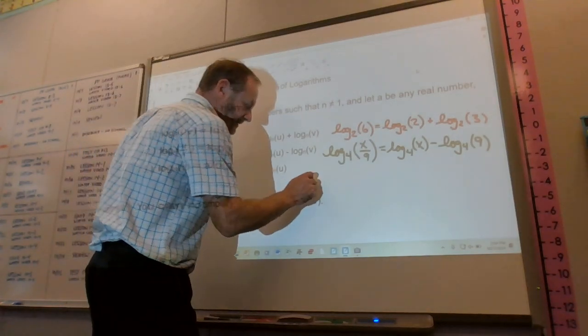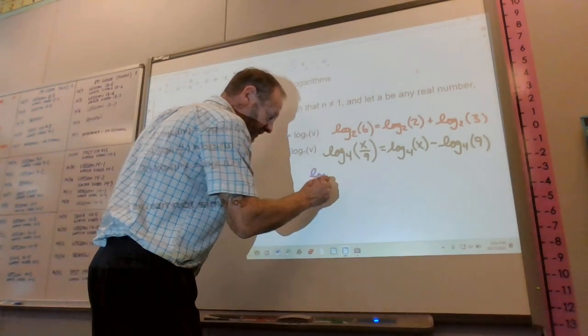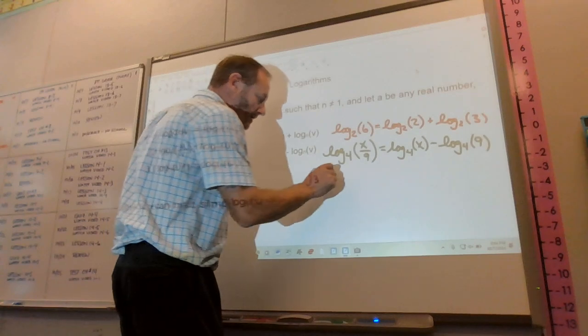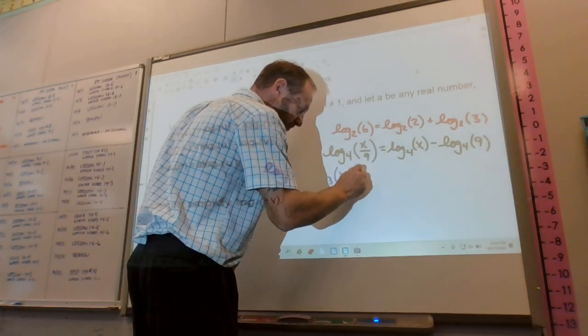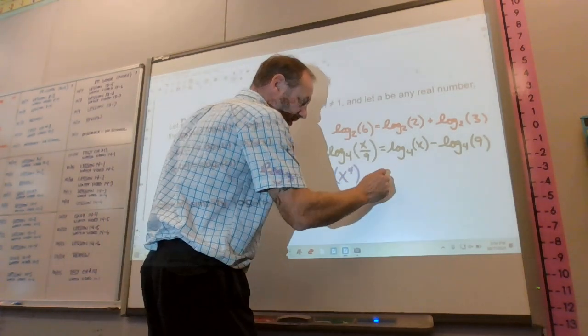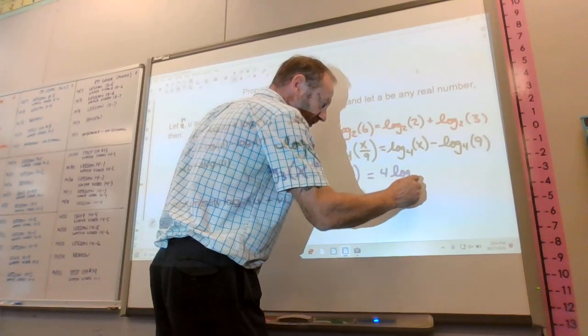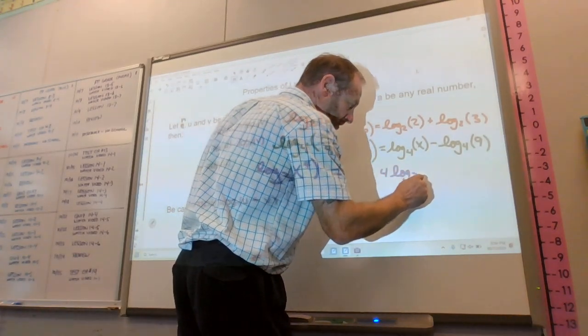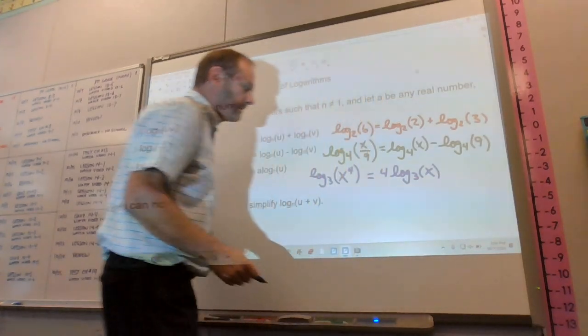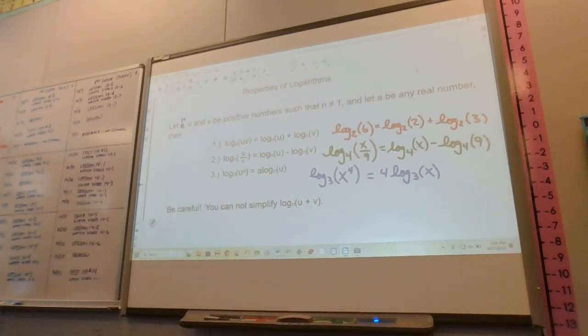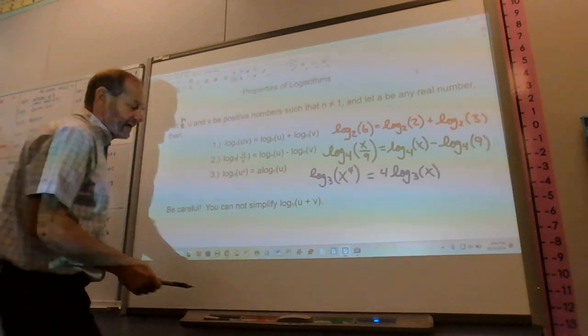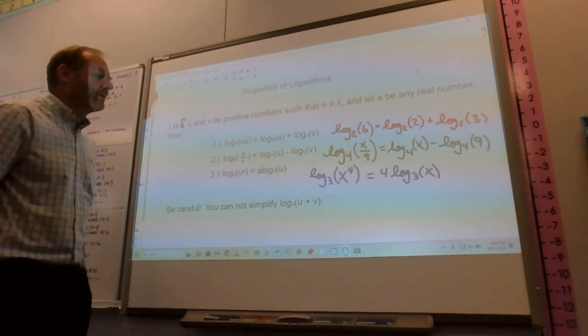And if I had, say, the log base 3 of x to the 4th power, I could make that 4 times the log base 3 of x. So that comes in handy for us a bunch of times.